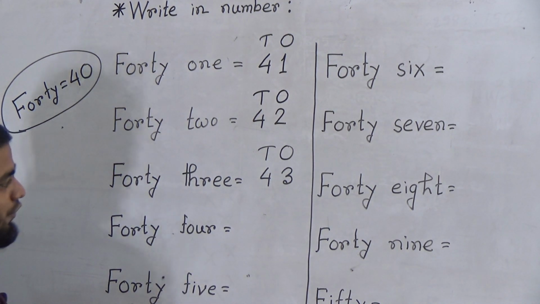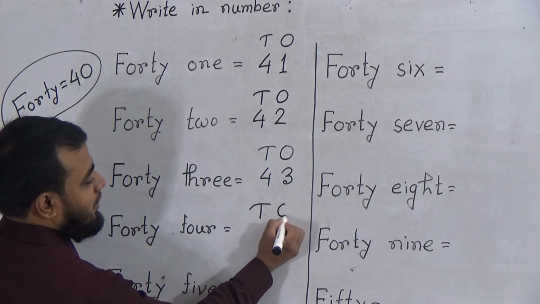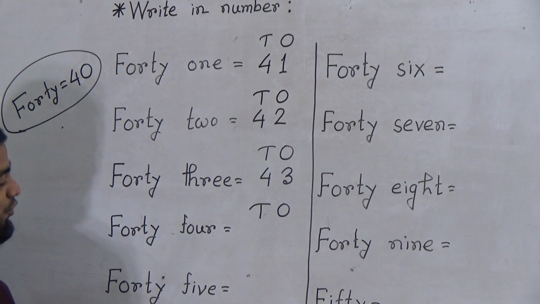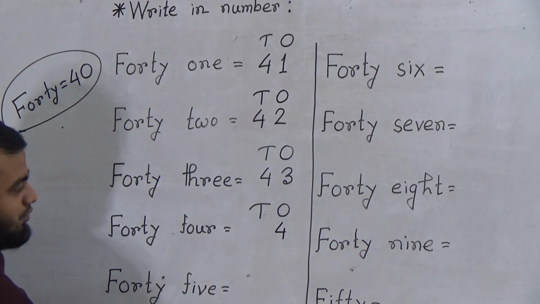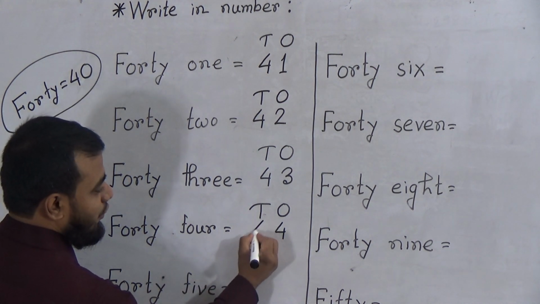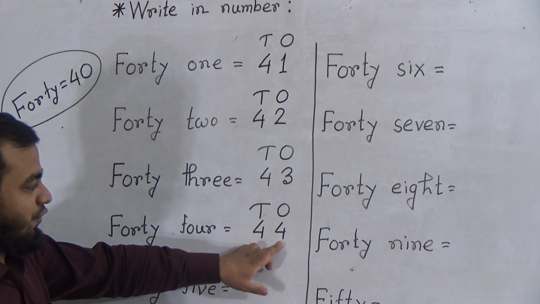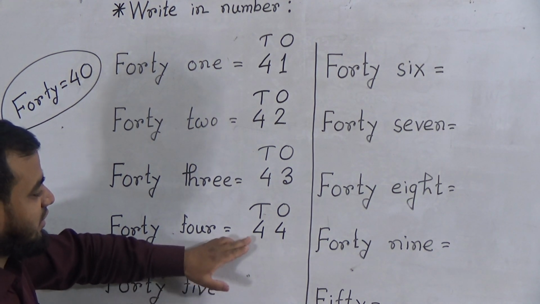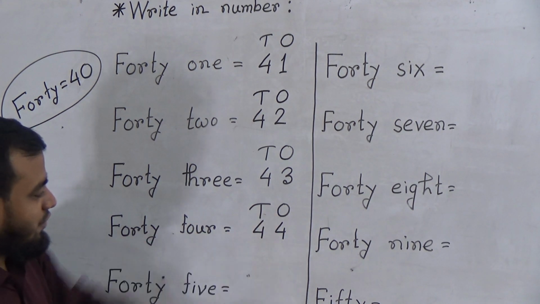The next number is 44. To write down that number, we should place the digit 4 in the ones position, and also the digit 4 in the tens position. That means 4 and 4 makes the number 44, and this is the basic: 4 tens and 4 ones makes the number 44.